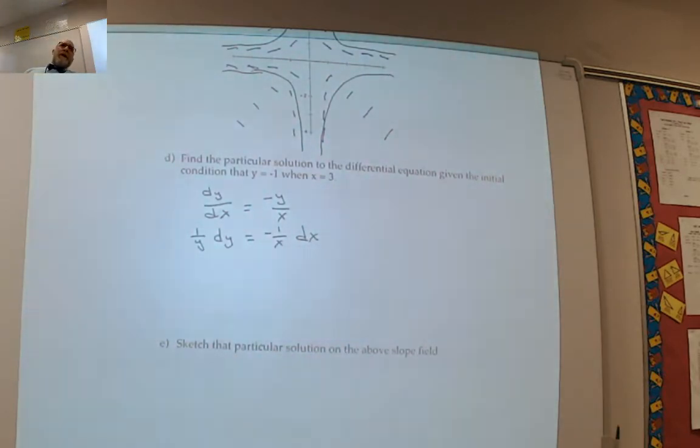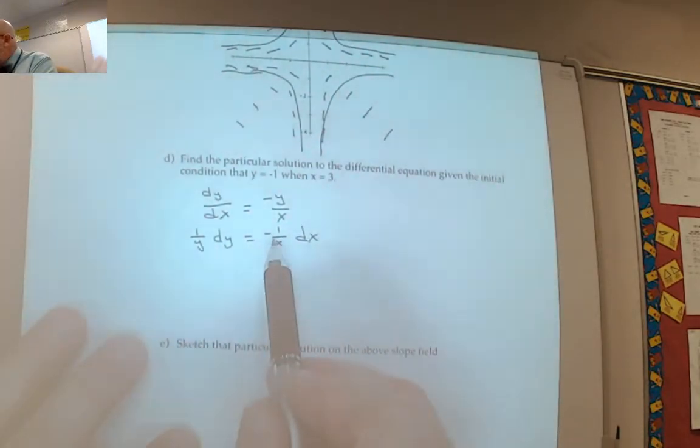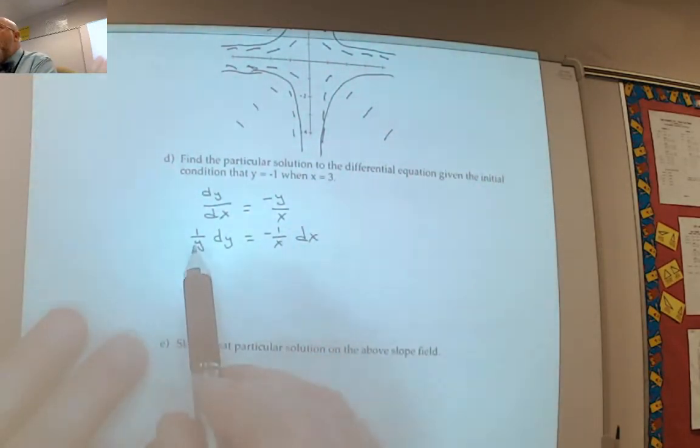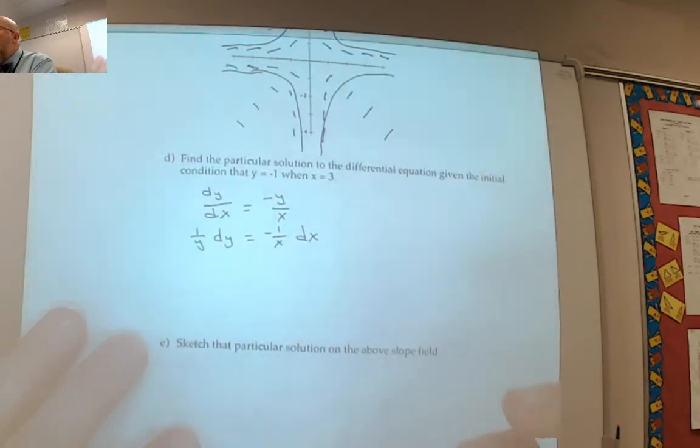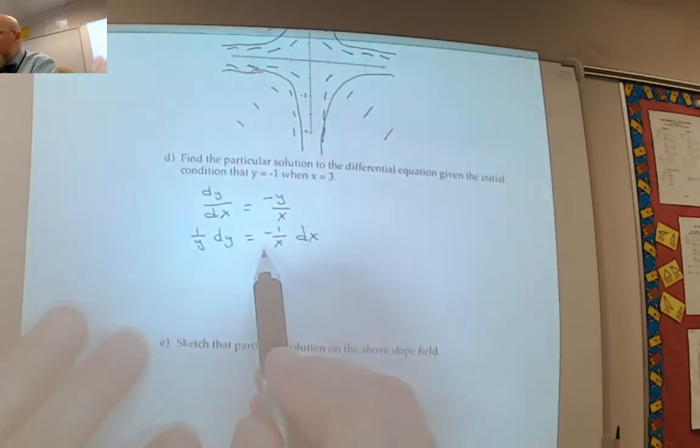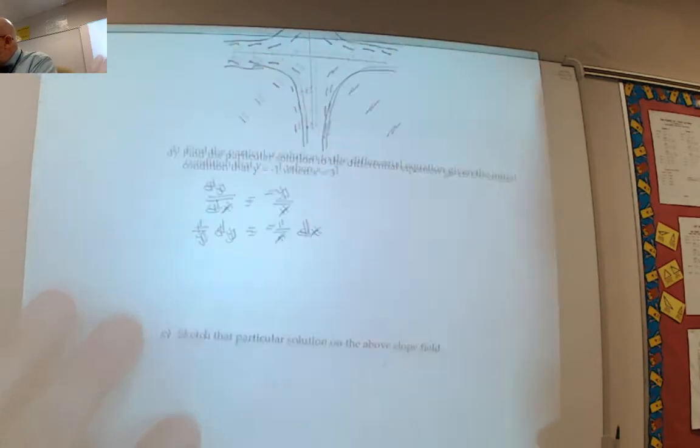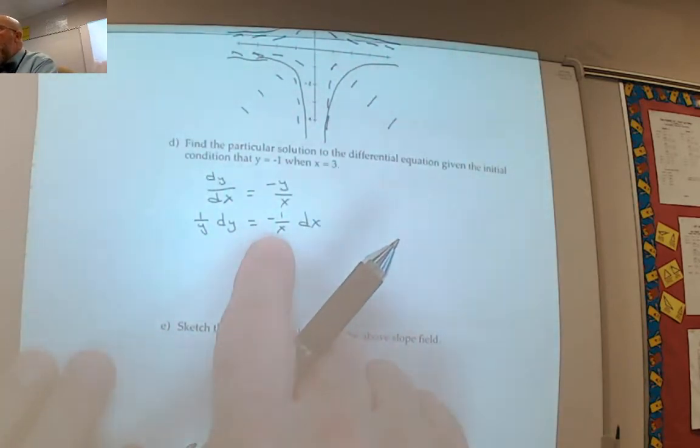Now, the reason I keep the negative over here is I want y totally by itself. Sometimes you can't do it, but if you can, put it there by itself. And I'll show you some ones coming up where you won't be able to. Are we okay with this? All right, so if you can get to here, you're now up to 3 or 4 points on a 9-point problem.